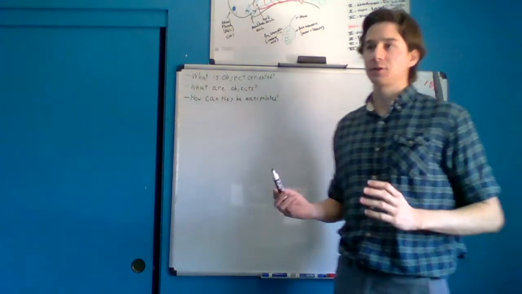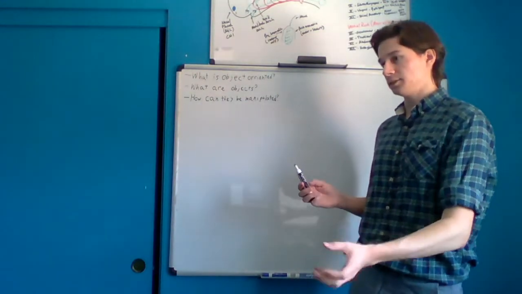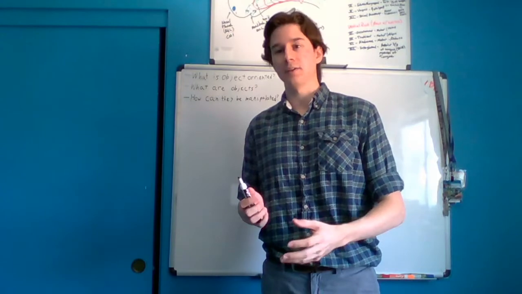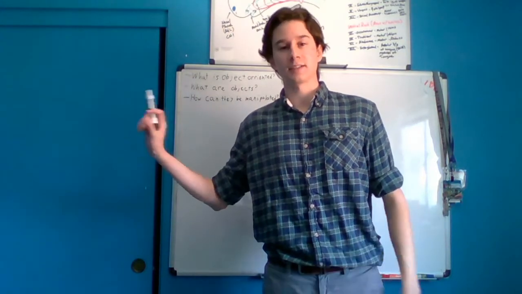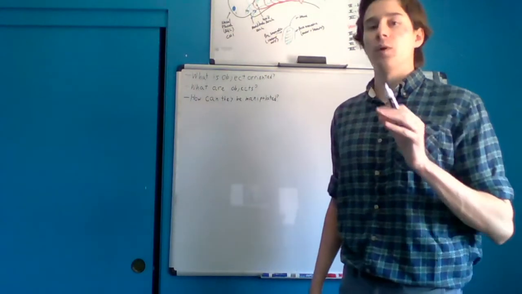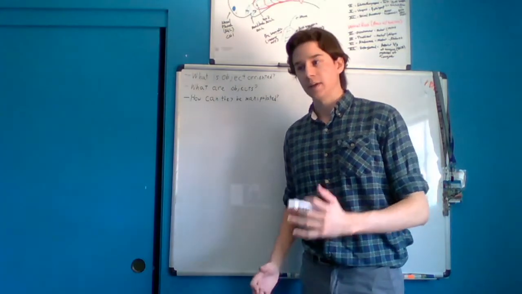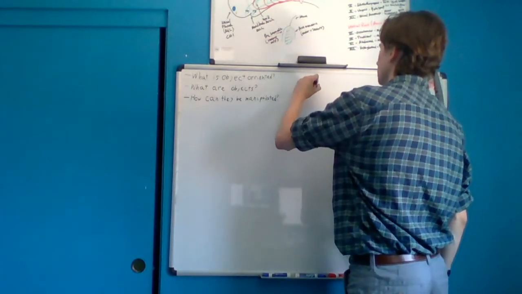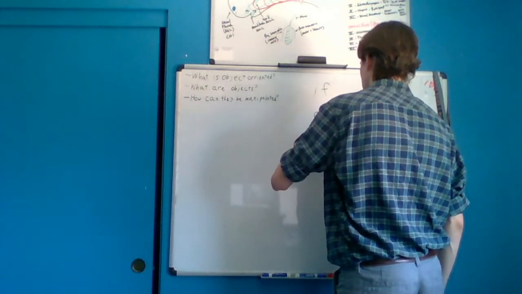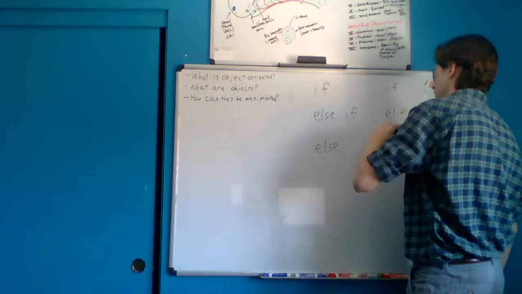If you're talking to somebody and you say, I want you to do this one thing, if you can't do that, do this other thing, and if you can't do any of these, do this last thing as the last resort. That is the if else statement in a nutshell. You look at what they can do, or what is quantifiable, or what the identifier is, and then execute sections of code based off of that. So it's written if, else if, and else in C++, and in Python it's if, elif, else.